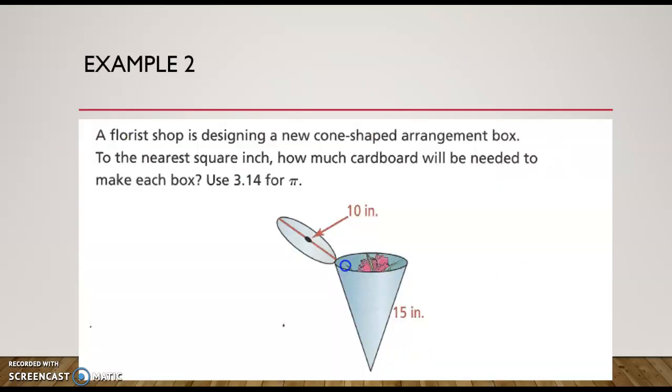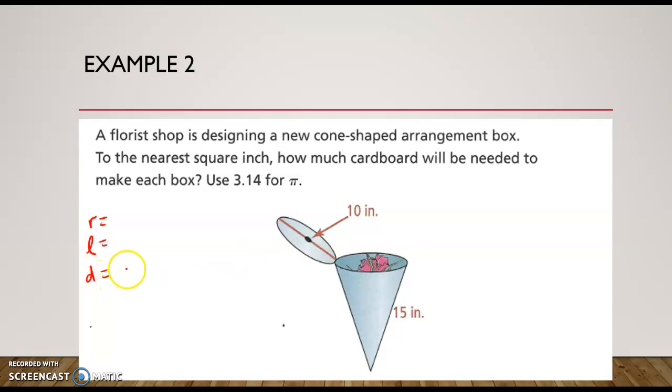Alright, so we're going to do an example. A florist shop is designing a new cone shape arrangement box. To the nearest square inch, how much cardboard will be needed to make each box? So square inch means round to the nearest whole number. We need to know our radius and our slant height.